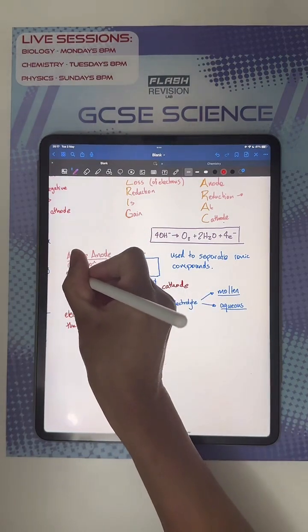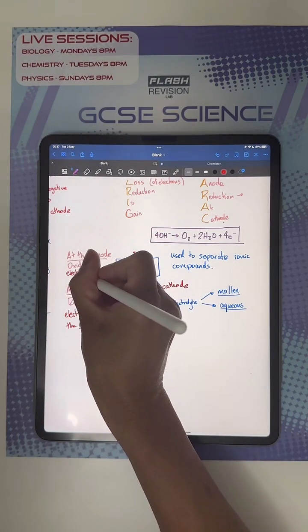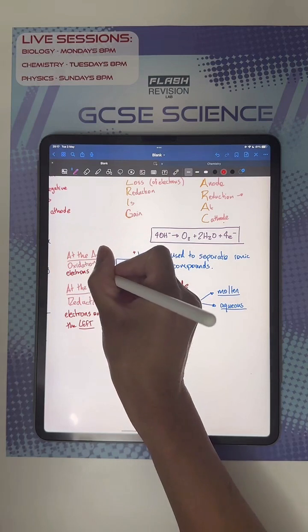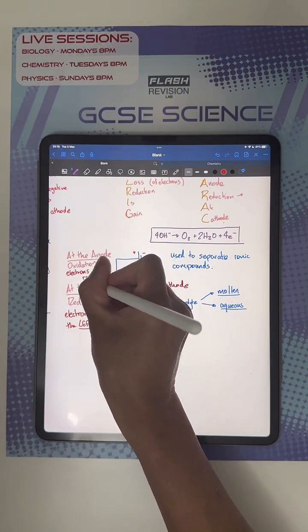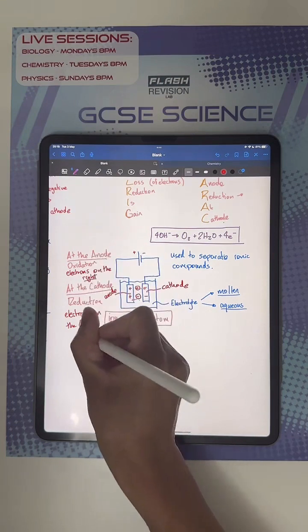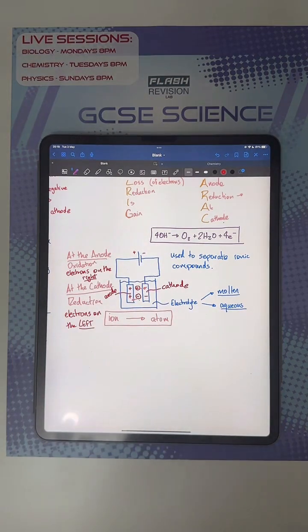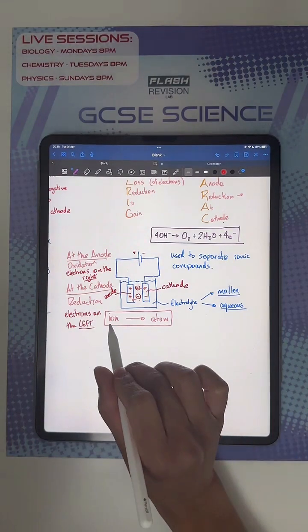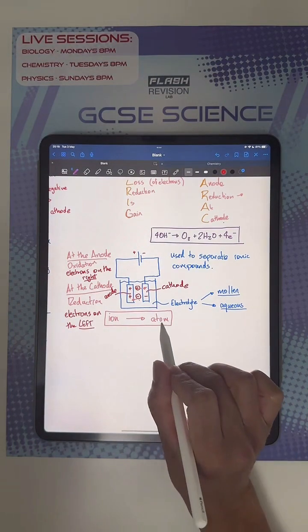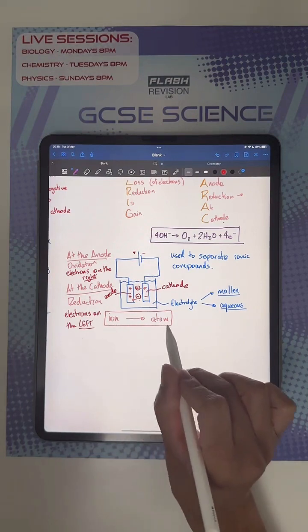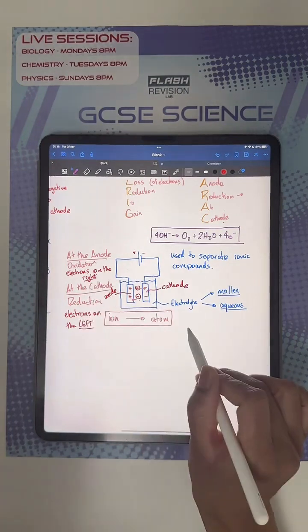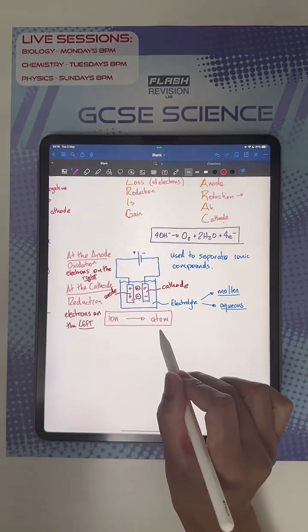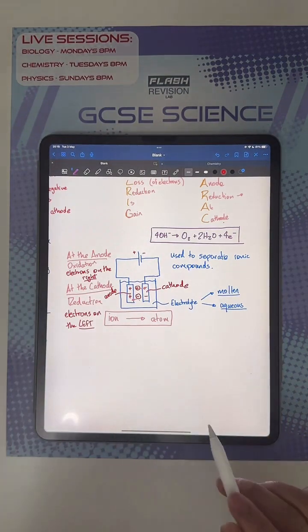And here, electrons on the right. When I say that, I'm talking about the half equations. So when you do half equations, this is what I want you guys to remember. First thing, you always need to have the ions on the left, atoms on the right. Then electrons, if it's the anode equation, they're going to be on the right. If it's the cathode equation, they're going to be on the left.